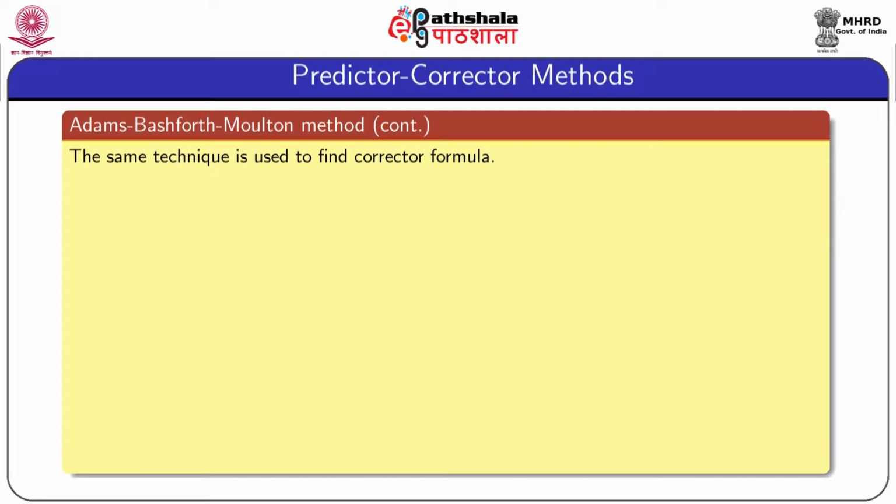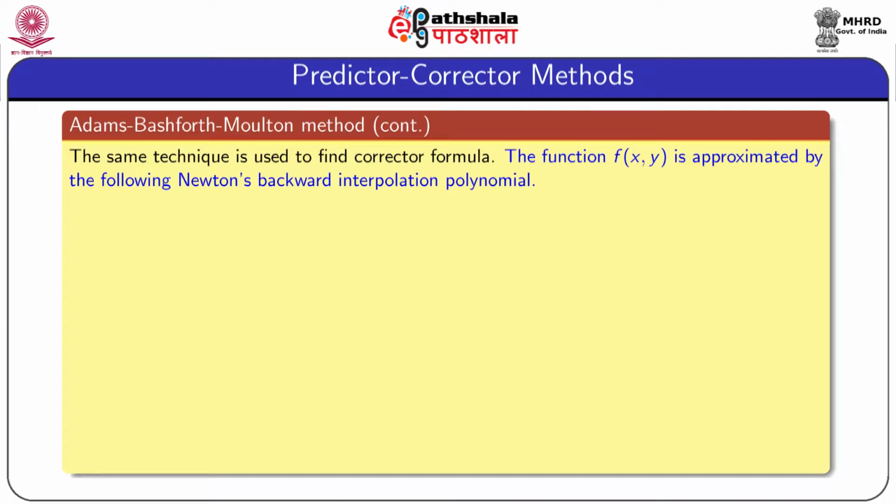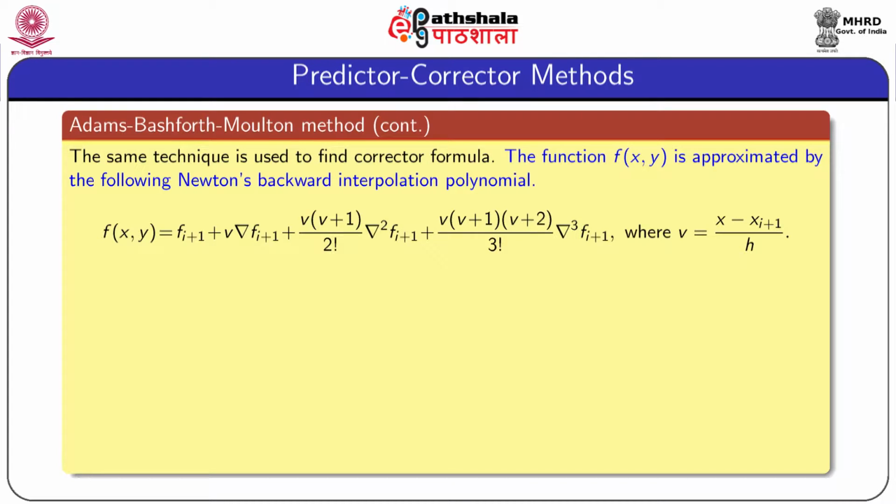Now, to get the corrector formula, the same technique is used, but the function f(x, y) is approximated by the Newton backward interpolation polynomial, in this form: f(x, y) equals f_{i+1} plus v nabla f_{i+1} and so on, where v equals (x minus x_{i+1}) by h.